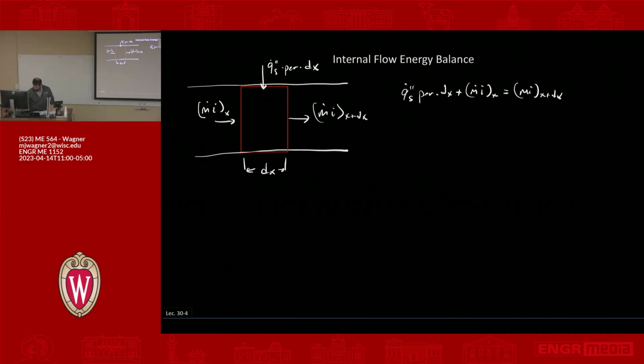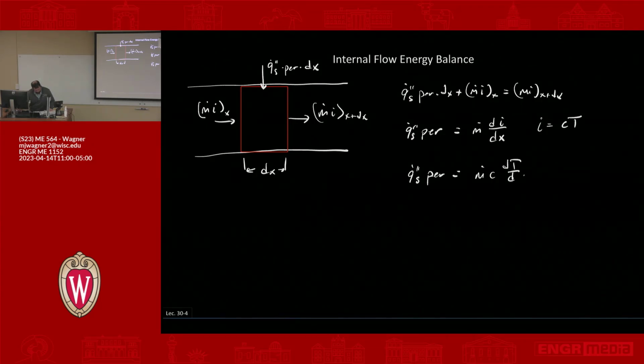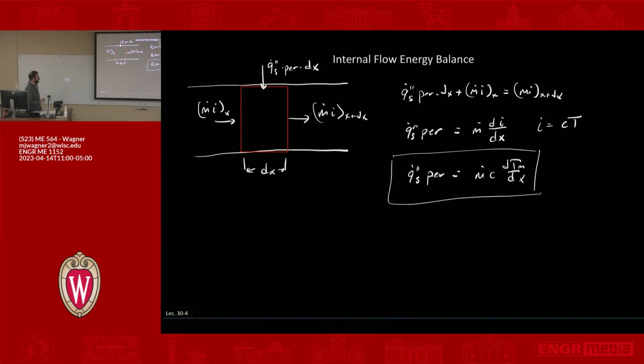Skipping that intermediate step, the dx's cancel, and we end up with q dot double prime s times perimeter equal to m dot times di dx. We're going to assume I is equal to c times T for incompressible flow. Then we end up with q dot double prime s times perimeter equal to m dot times c dTm dx, and this is Tm, importantly. So that's our energy balance.